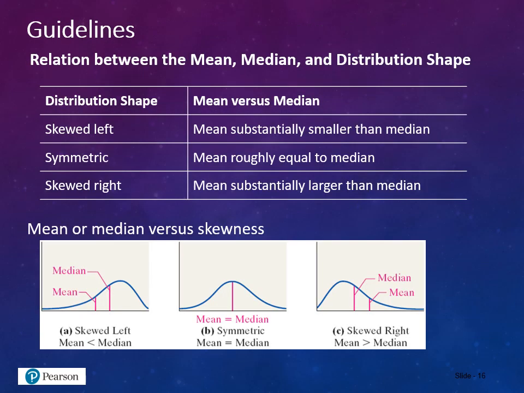So let's look at some guidelines to talk about the relationship between the mean, median, and the distribution shape. Notice that we have a table here that matches up with the diagram below. If the data is skewed left, this means the mean is substantially smaller than the median, okay?